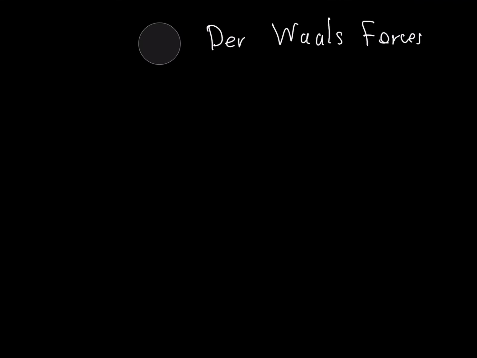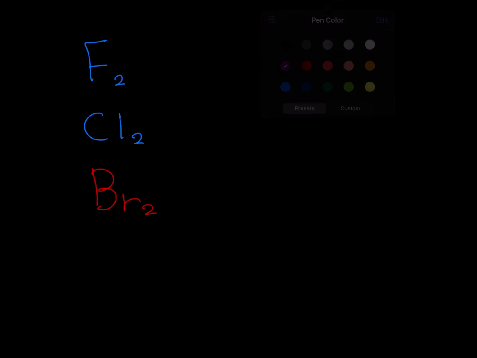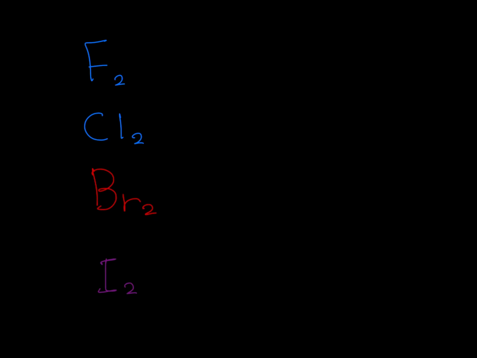So now let's take the halogens as examples. Say we have fluorine. These are all diatomic, so they're going to be in pairs of 2. And let's take iodine as well. The boiling point of fluorine is -188 Celsius, and it has 9 electrons.